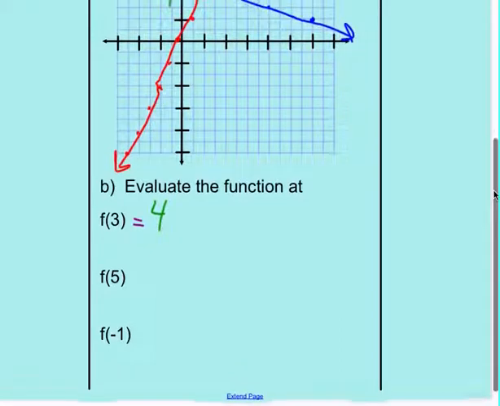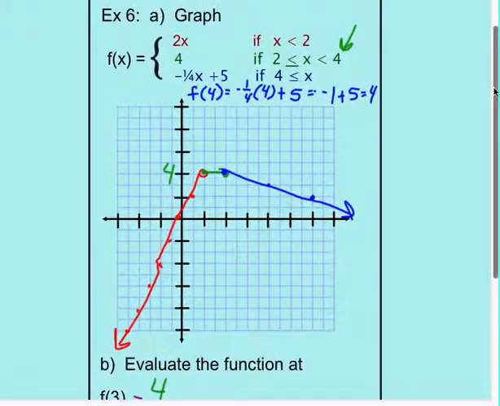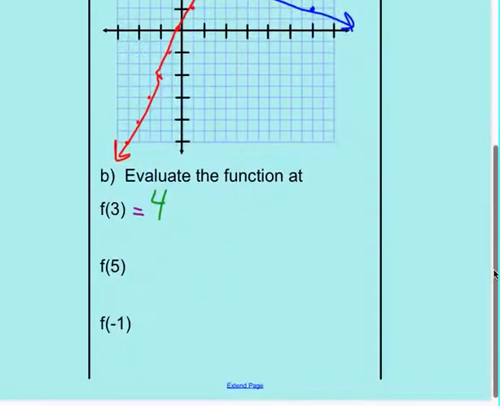f of 5, again, going back to figure out which domain it falls into. 5 is greater than or equal to 4, so this time I'm going to use the blue part of my function, and I'm going to substitute 5 for x. So we get negative 1/4 times 5 plus 5. Negative 1/4 times 5 is negative 5/4.